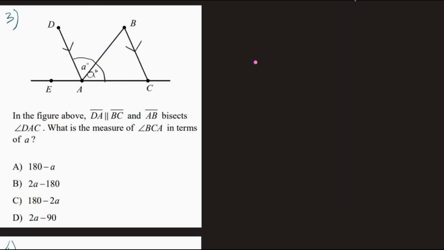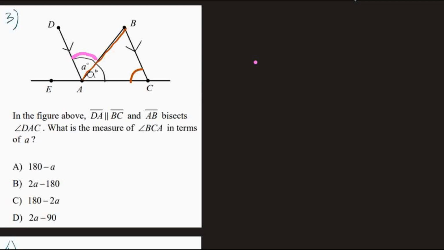Alright, now I just bold this line. This is the one that divides into A and A. Now what is the measure of BCA? BCA is here. Now according to the formula, we have the interior angle.